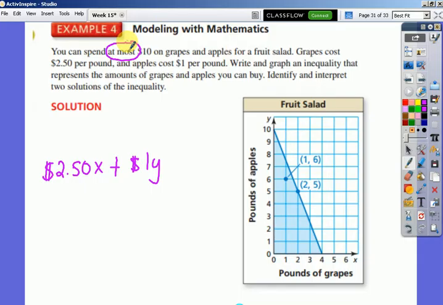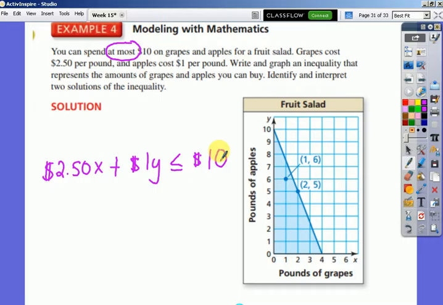At most. So that means can I spend more than $10? No. I can spend $10 or less. So, $10 or less would look like that, correct?